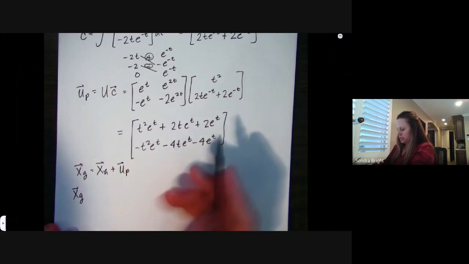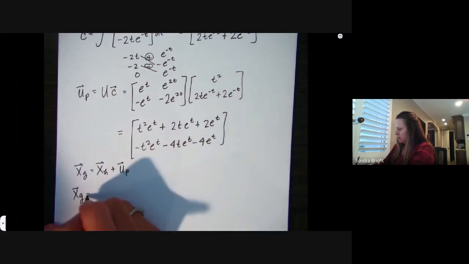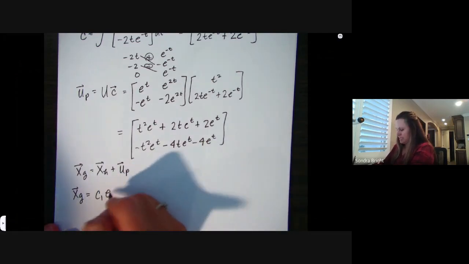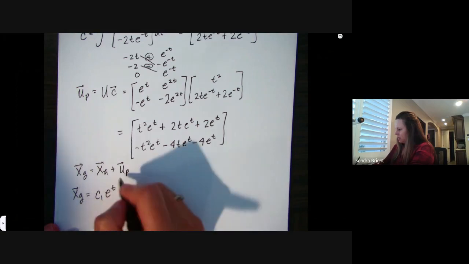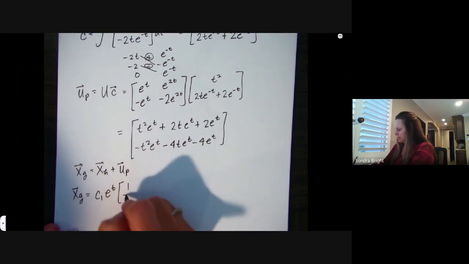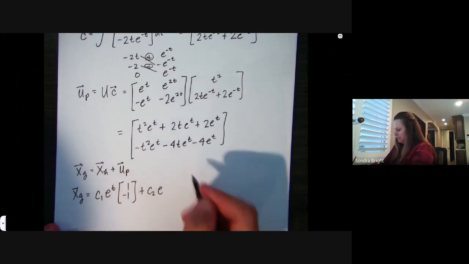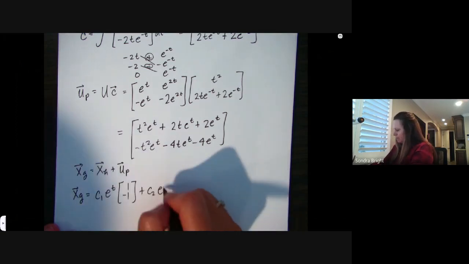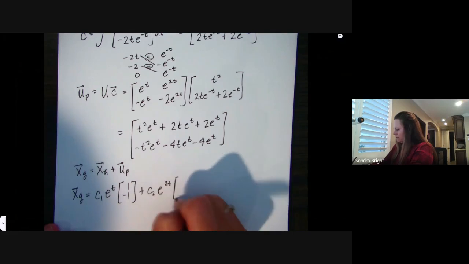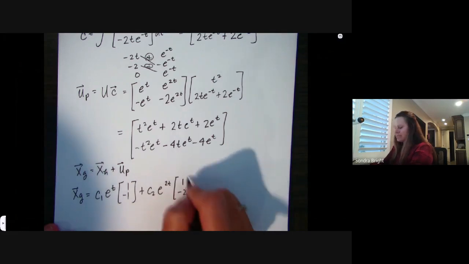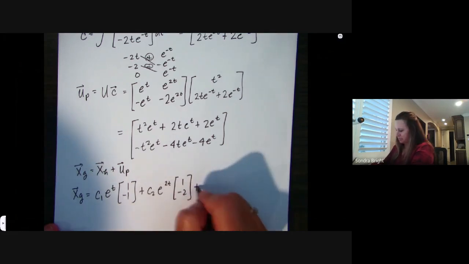So your general solution is C1 e to the t times (1, negative 1) plus C2 e to the 2t times (1, negative 2). And then plus, and here's where you don't add in a C3, right?